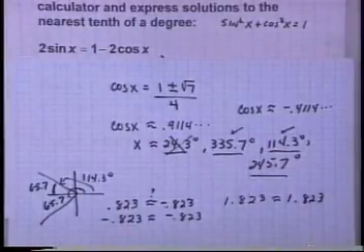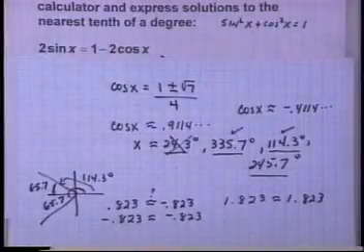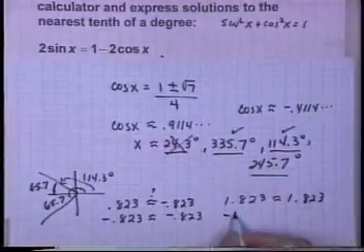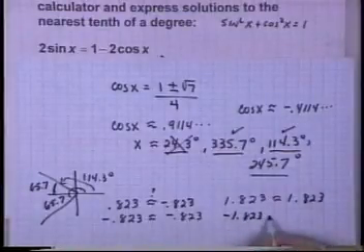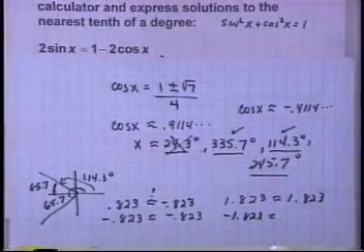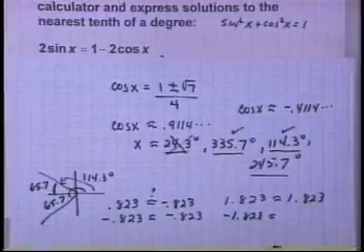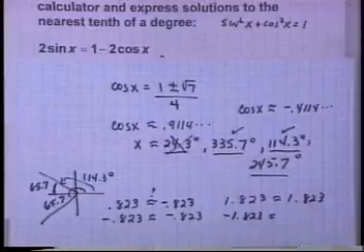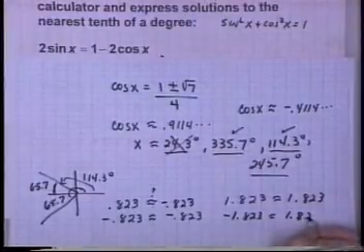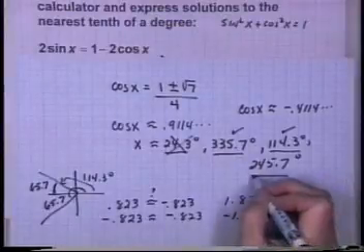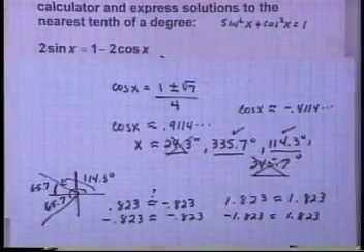Okay, we've got one more to do. 2 times the sine of 245.7 is approximately negative 1.823. And let's see, 1 minus 2 times the cosine of 245.7 degrees. I'm getting positive 1.823. Can those be equal? No. So we'll X that one out also.